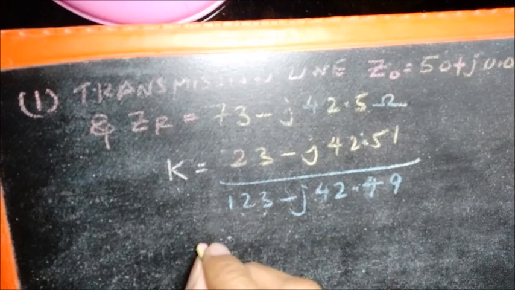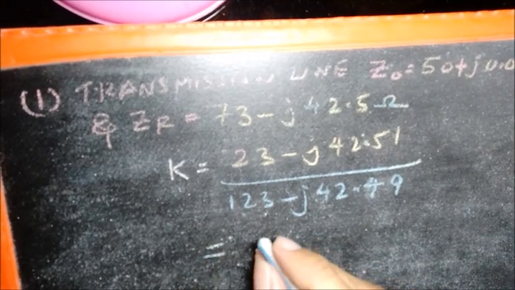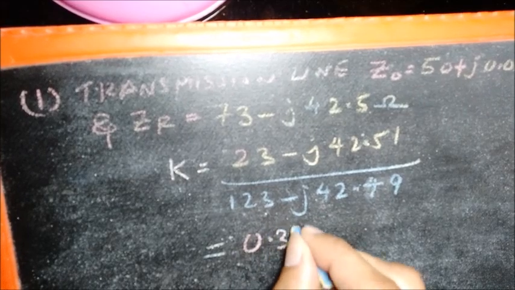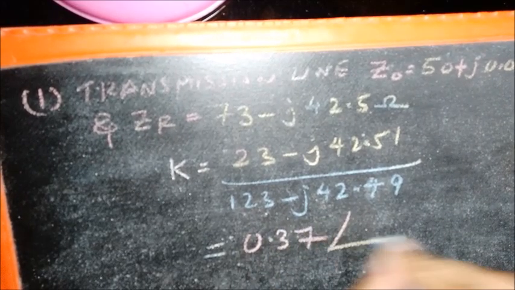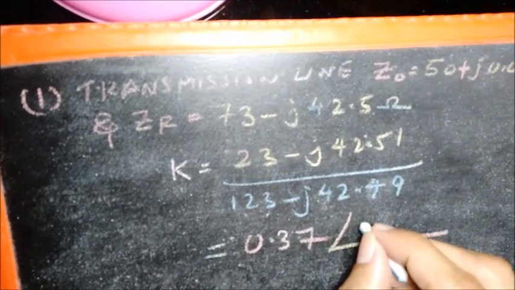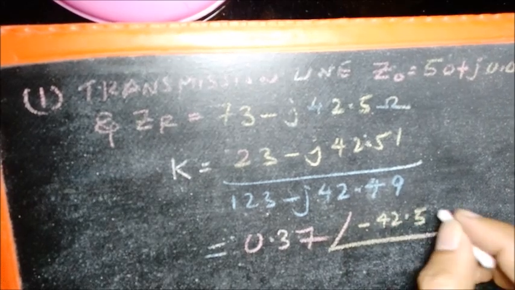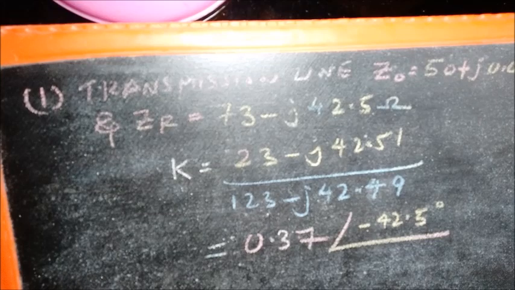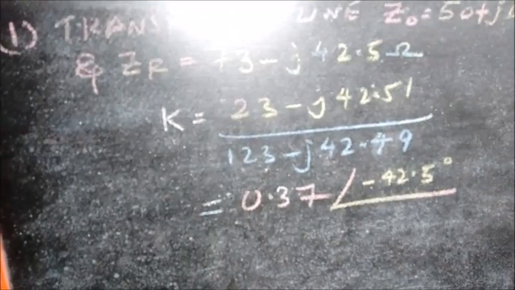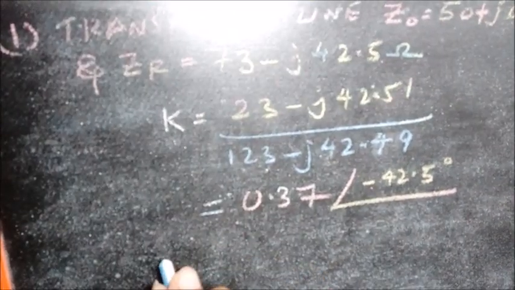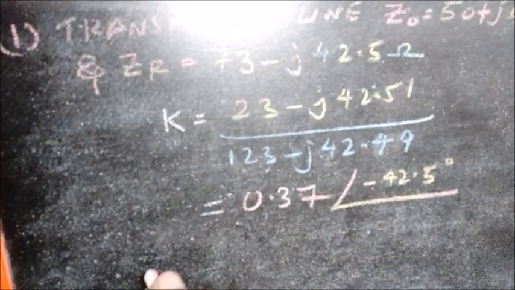And this you can calculate. The result is 0.37 with a phase term of minus 42.5 degrees. Please verify the answer, or you get something very close to this, subject to rounding error. So this is the reflection coefficient.